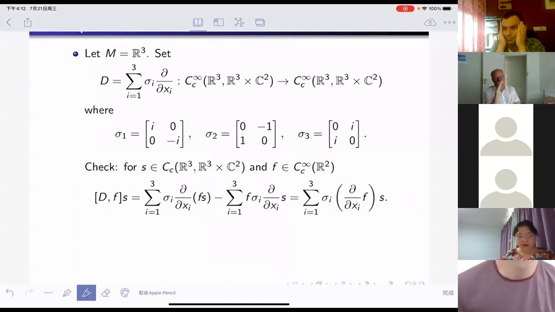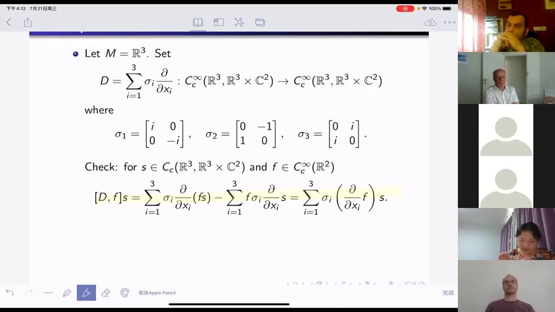And we can also check the commutator. The square of the commutator is minus the norm of df. By doing this calculation, one sees that the commutator is just to take the partial derivative of f with coefficient sigma_i.